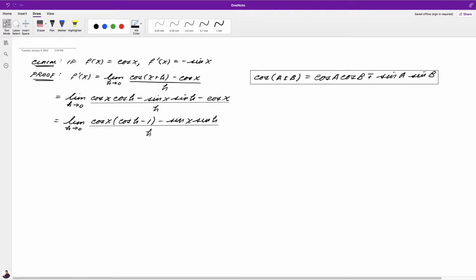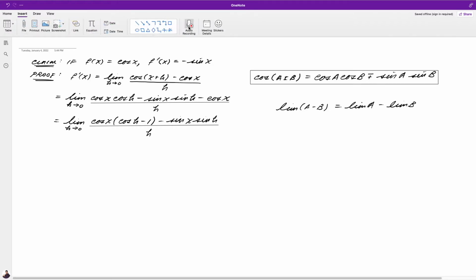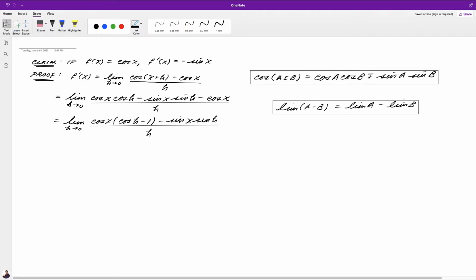Now, a very important property is that the limit of a difference is equal to the difference of limits. This can be proven using real analysis, and we might at some point provide a proof for that. I don't know if there's going to be too much demand for that kind of proof, but certainly if the viewer requests it, we will do that.